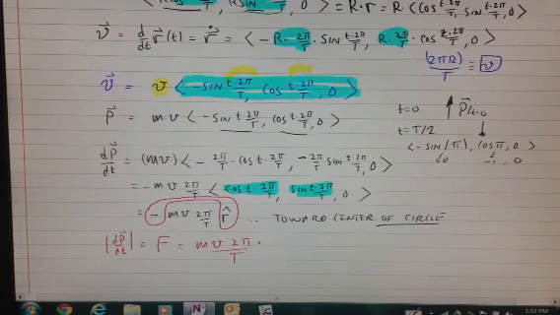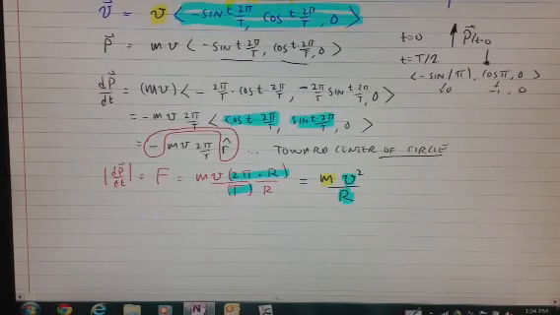And the 2 pi, if I multiply it by an r and then divide by an r, in the numerator is how far you go around the circle once in some amount of time. That thing there, 2 pi r divided by the period, is another factor of the velocity. So I get mv squared divided by r. And this is all stuff that you get from just the properties of the motion. You know how fast it's going and around what circle, and you know the mass of the object.